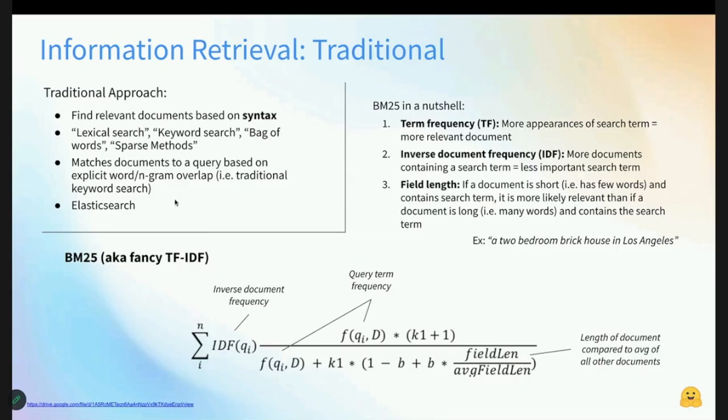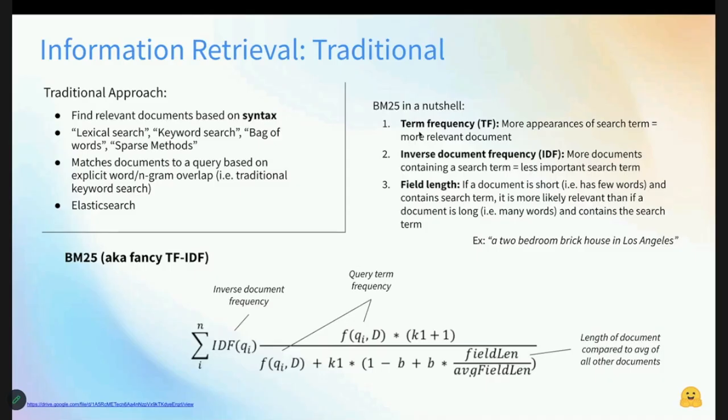And this is the underpinnings of how Elasticsearch works, like you mentioned, or things like Apache Lucene or Solr. They all work basically in the same way of matching terms. And so the algorithm that's used under the hood is BM25. It's basically a modified version of term frequency inverse document frequency, if you're familiar with that from traditional NLP.